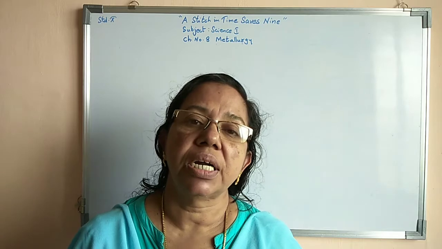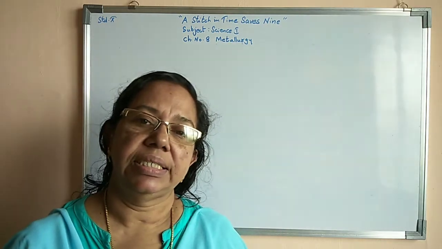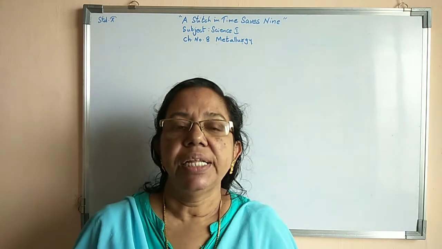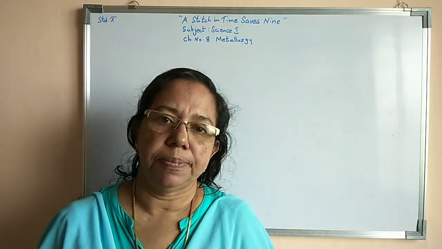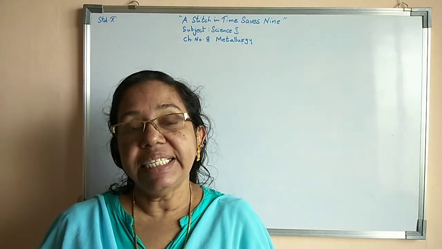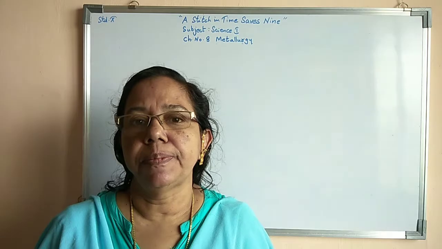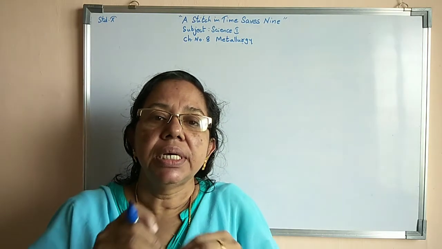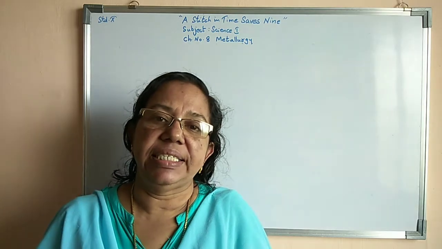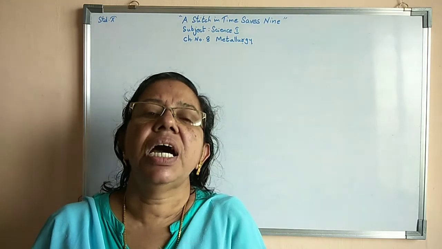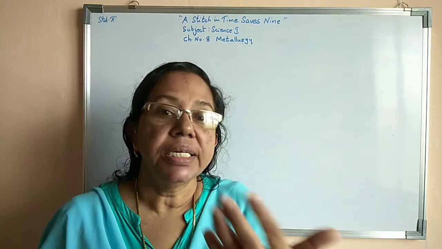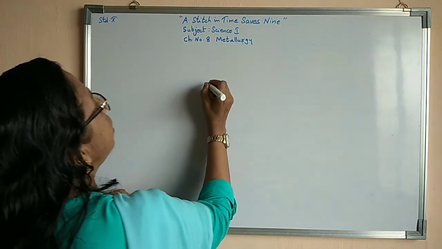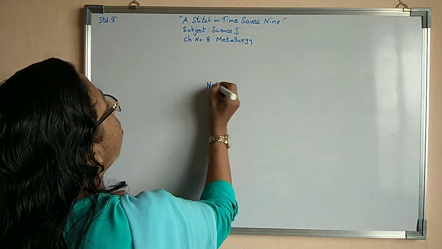Ionic compounds are water soluble. That means they can dissolve in water. As and when they dissolve in water, these ionic compounds dissociate into ions. For example, sodium chloride.